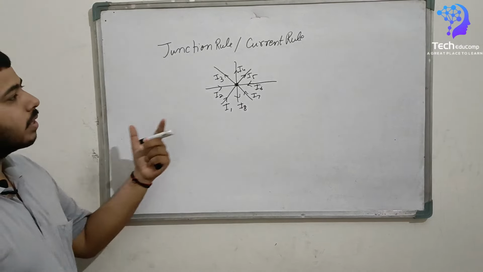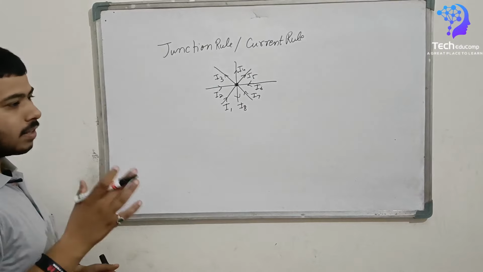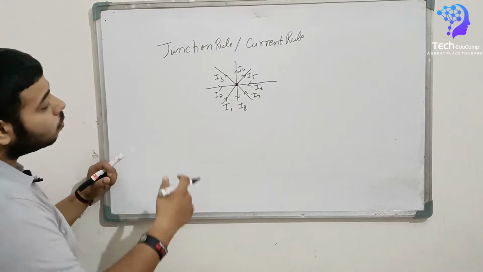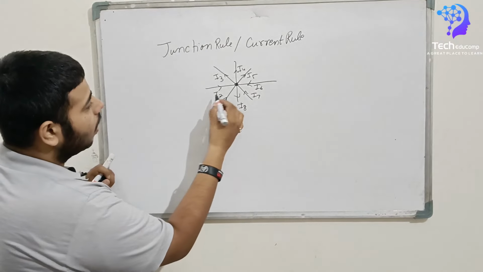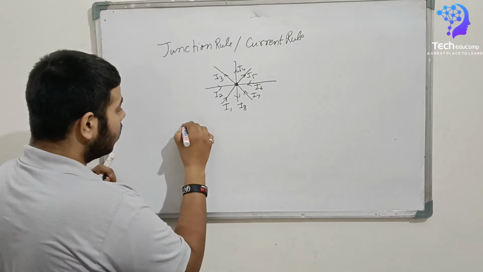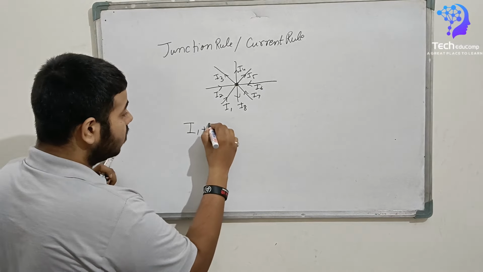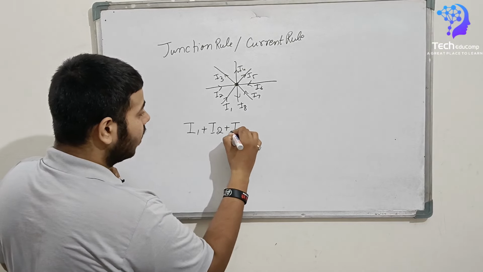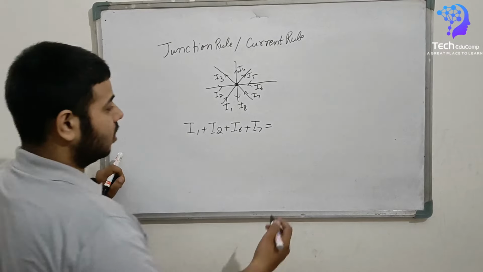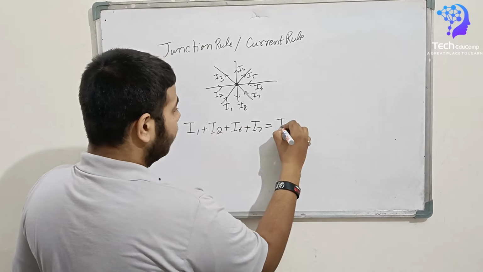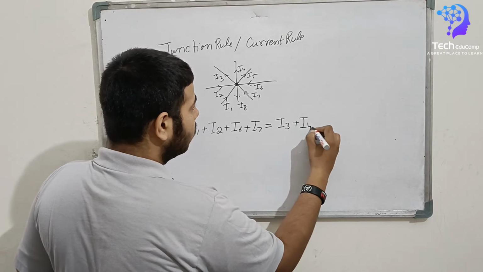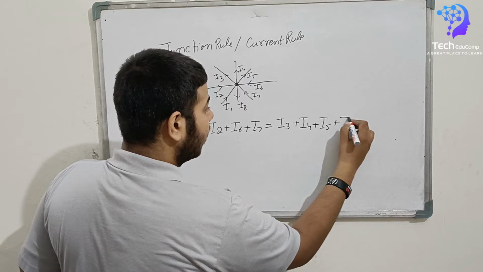According to the current rule, the sum of current entering equals the sum of current leaving. I1, I2, I6 and I7 are entering the junction, so I1 plus I2 plus I6 plus I7 should be equal to the current leaving the junction. The remaining are the leaving ones: I3 plus I4 plus I5 plus I8.